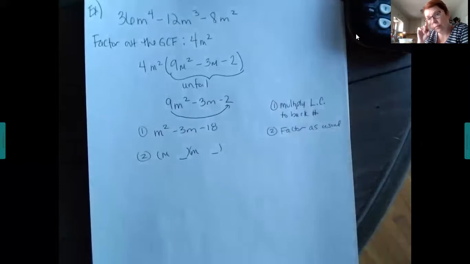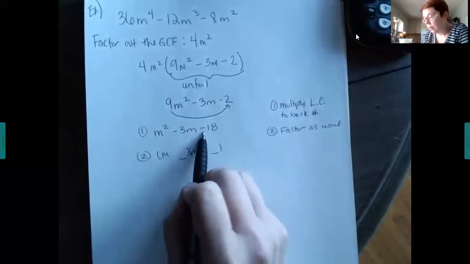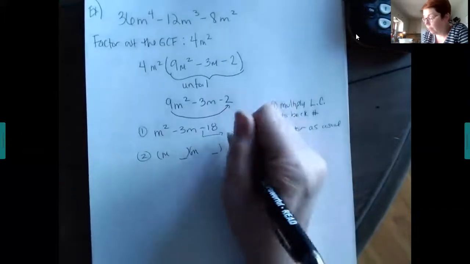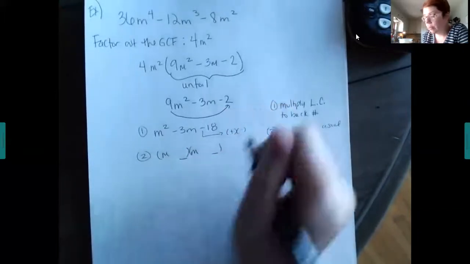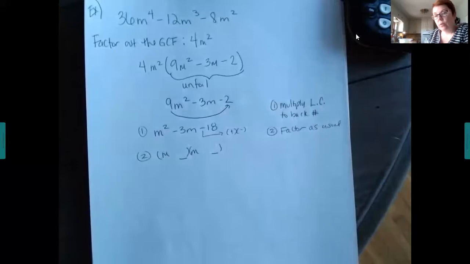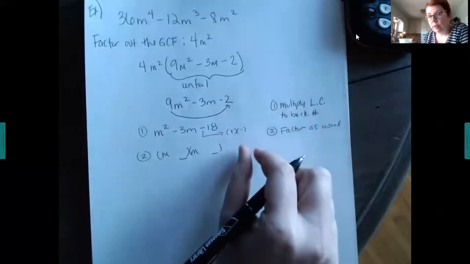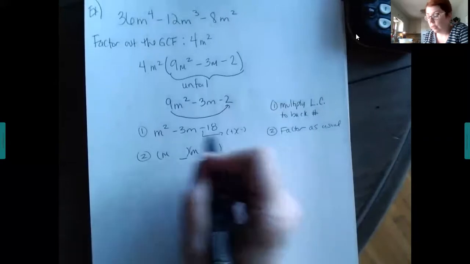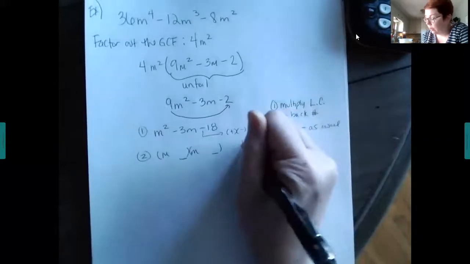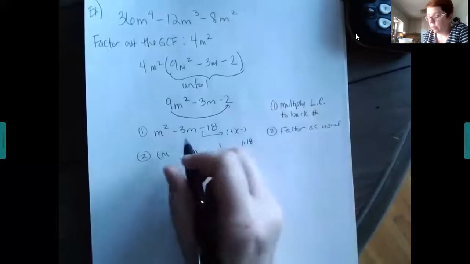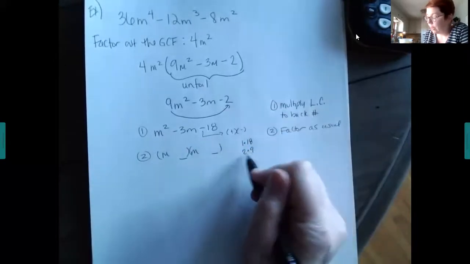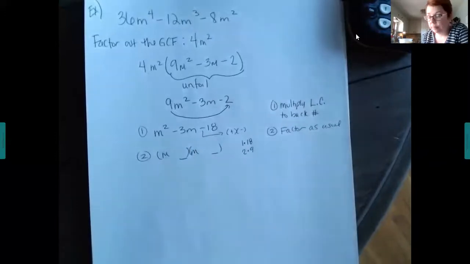So again, you want to consider what this sign is. Since it's negative, that means we had to have different signs. One's a plus, one's a minus. So number-wise, between our set of factors, we're going to have to take the difference. We're going to have to subtract to get 3. So if I subtract 1 and 18, I definitely don't get 3. If I subtract 9 and 2, I don't get 3.